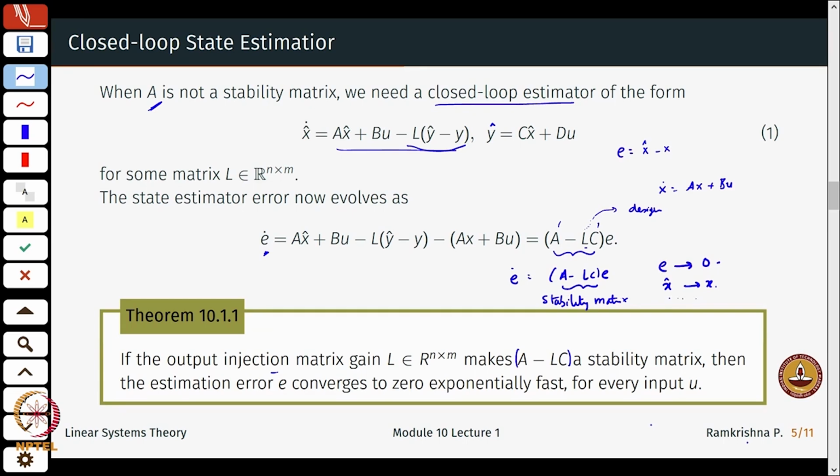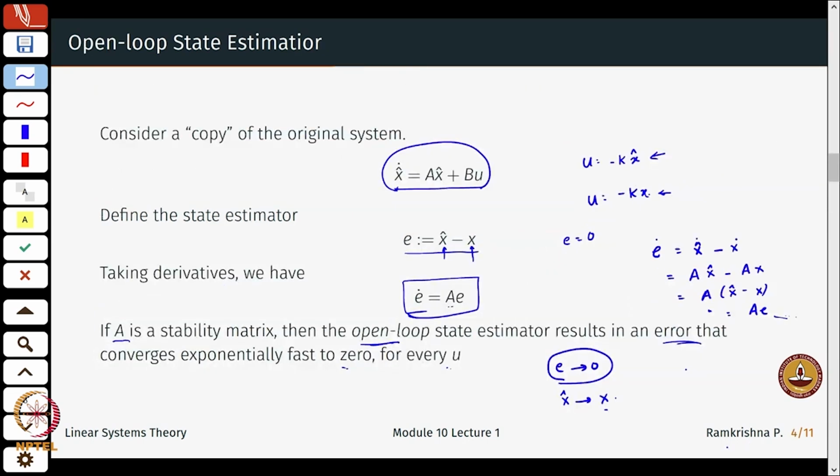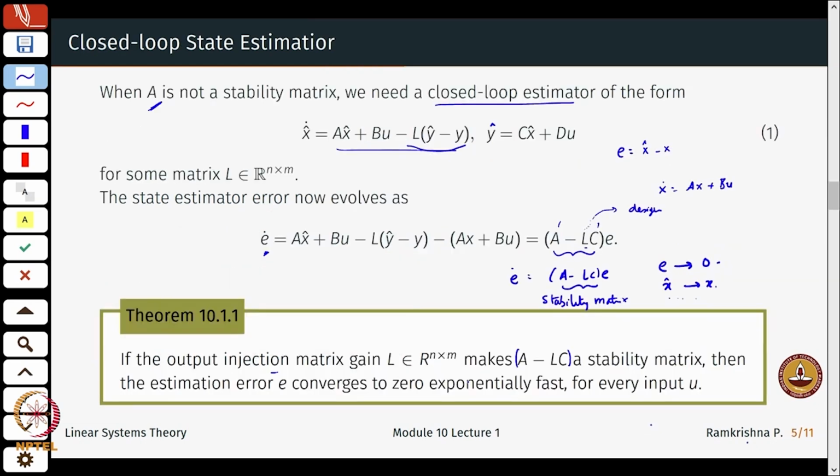So, two things we have seen: to design an estimator, when the open loop system is stable, it is pretty straightforward. Whereas, when A is not stable, I need to do a little bit of modification to get a copy of the system which looks like this, and the parameter L is a design matrix such that A minus LC should be a stability matrix.